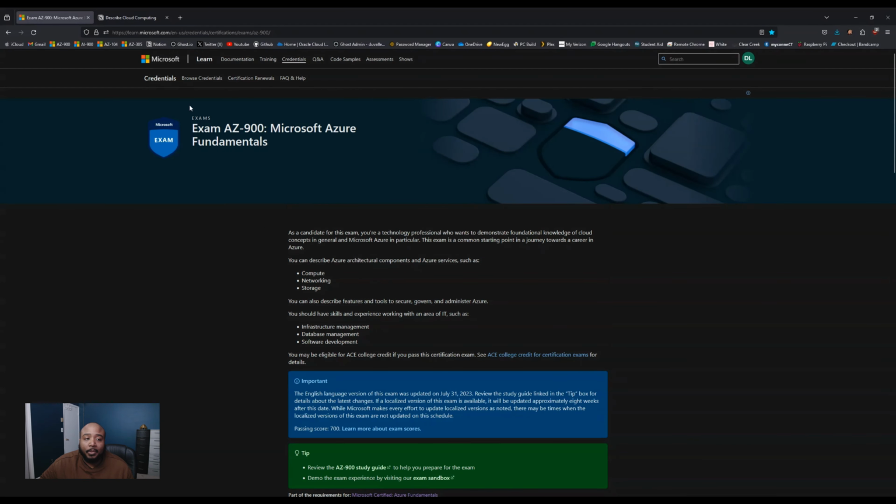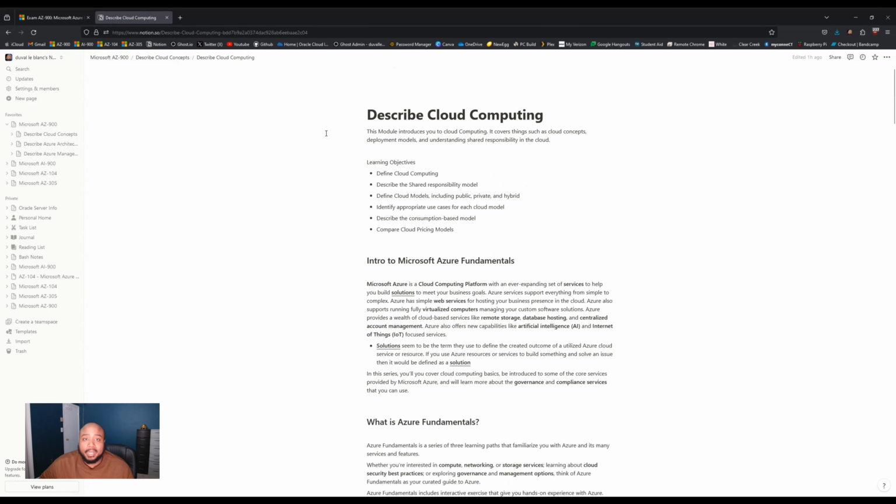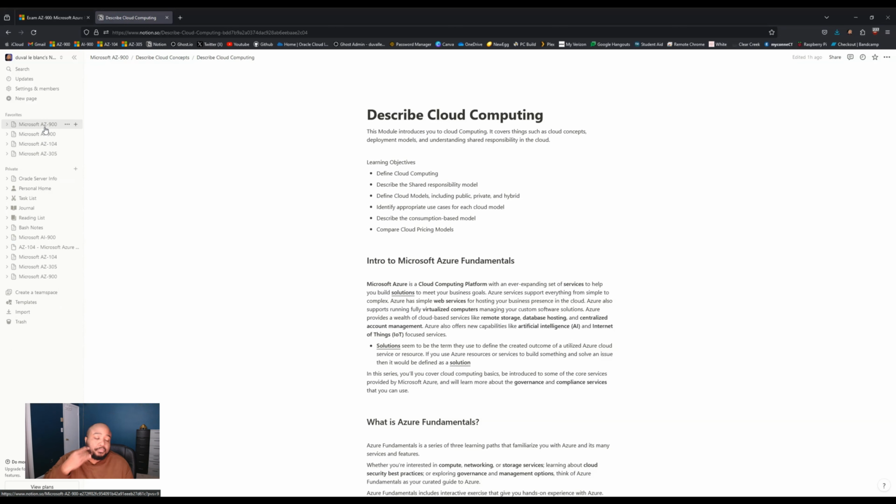So if you look, this is my Notion notes for this, and on the left side here you can see it. I grouped all of these based on the hierarchy and course of which I'm going to do. I'm personally going to be taking 4. I'd say 2 are required: the 104 and the 305.